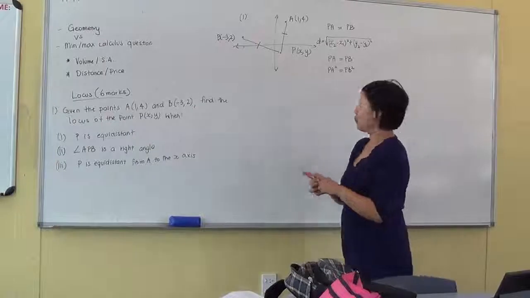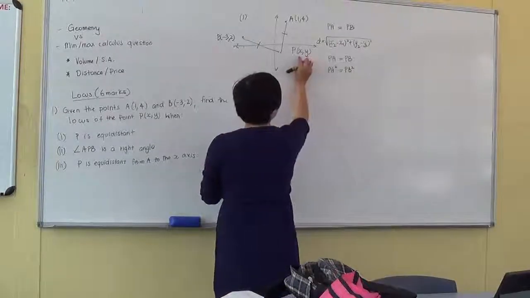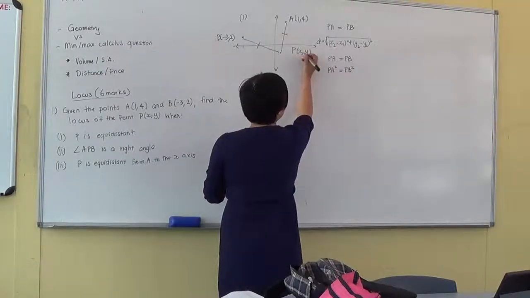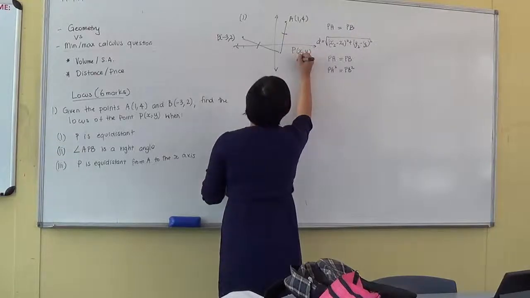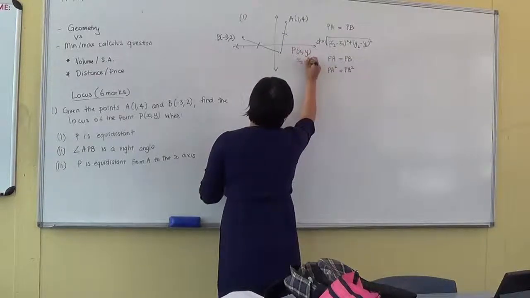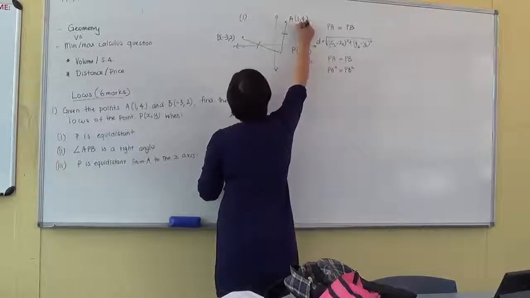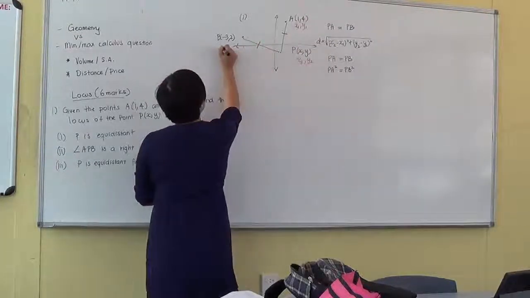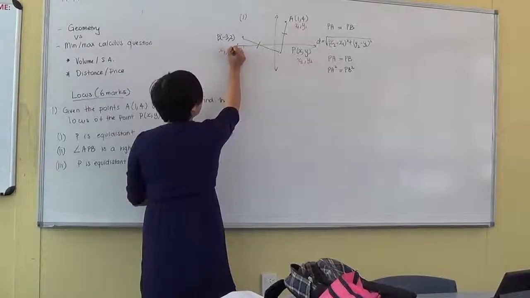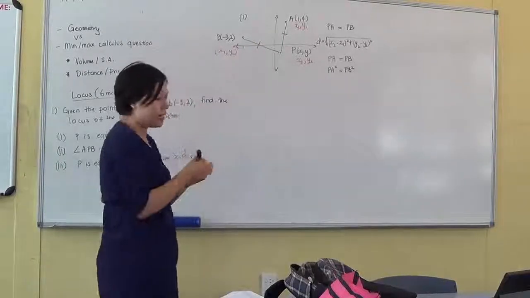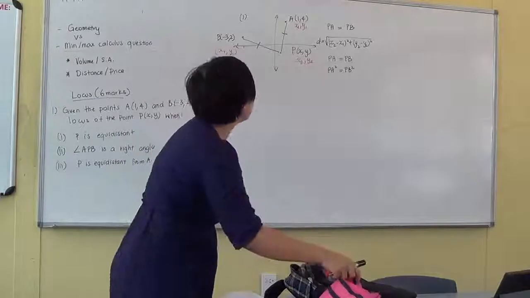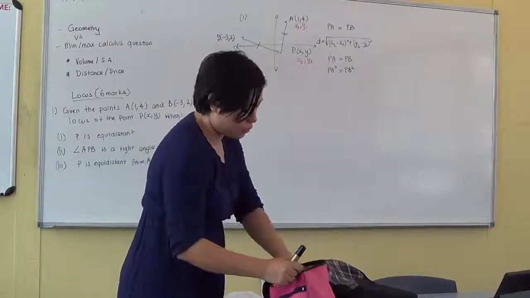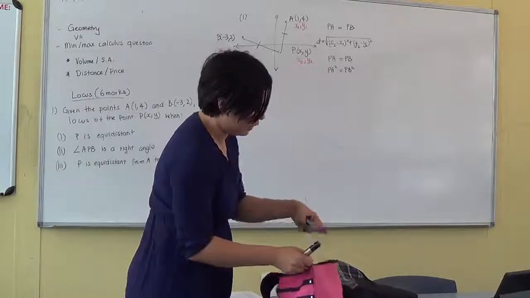So I'm going to make the coordinates of P (x2, y2), and all these are going to be (x1, y1), because I want to make x and y the starting or the leading point.